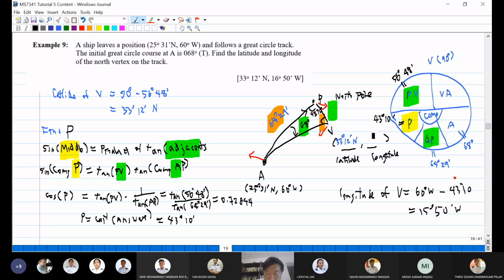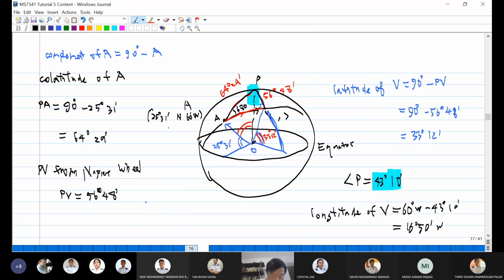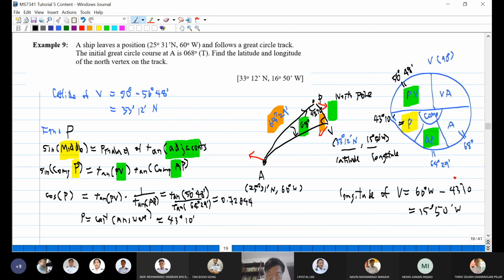Okay, this is how we get the answer. I made a mistake there, let me check. Yeah, 16 degrees here. Okay, so this is how you get the latitude and longitude of the vertex V.